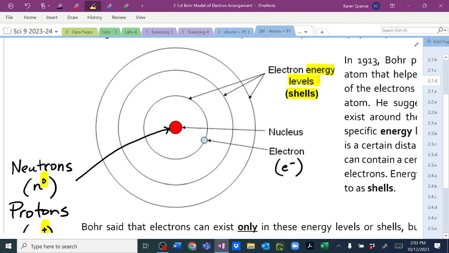So what he said is that electrons live on rings at specific distances from the nucleus.